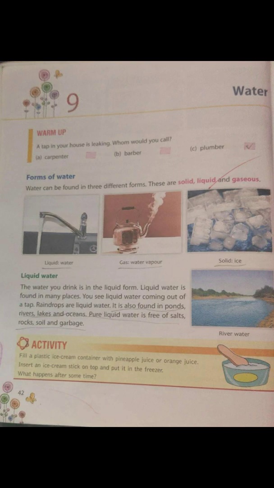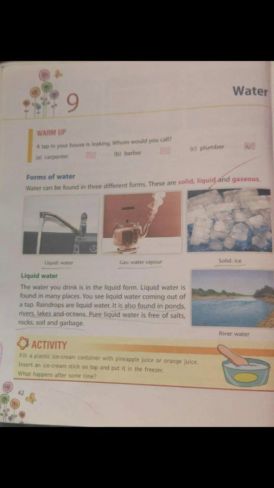These are solid, liquid and gaseous. As you can see in this picture also, liquid water is coming out of a tap and gas is coming out from a hot kettle. The third one is solid, that is in the form of ice, right?